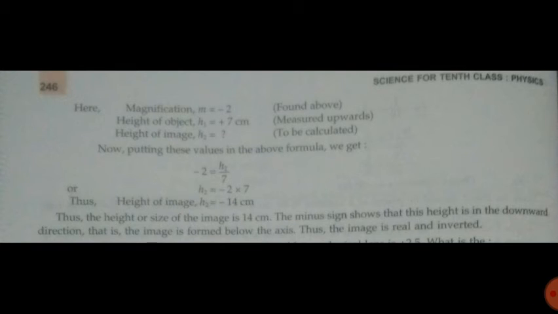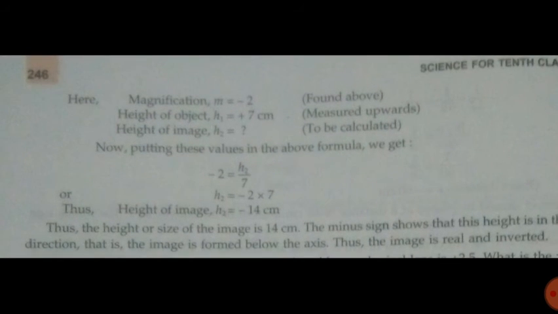Now we have the value of m and the value of h1, which is 7 centimeter given in the question, and magnification we have found, that is minus 2. So by putting the values of m and h1, we can find the value of h2. So h2 comes to minus 14 centimeter.